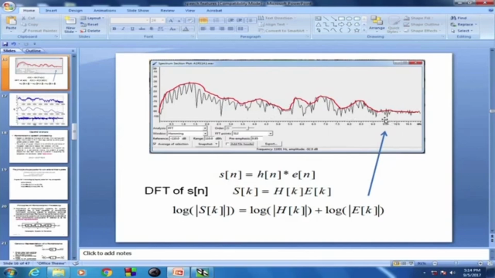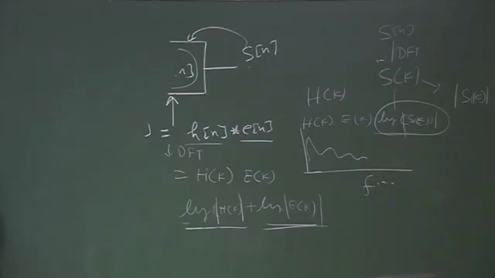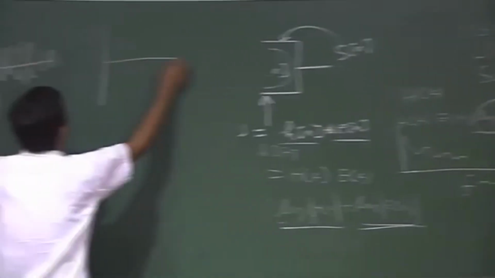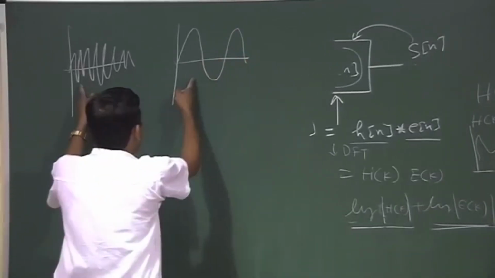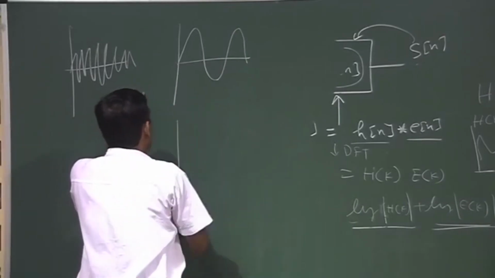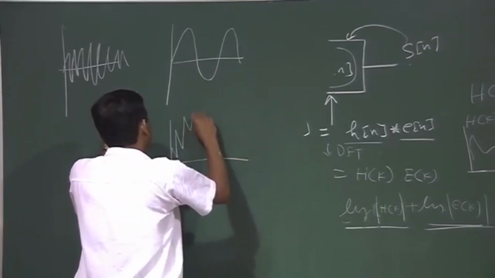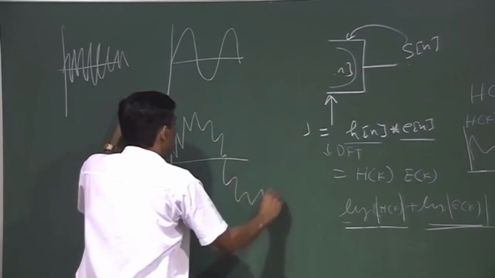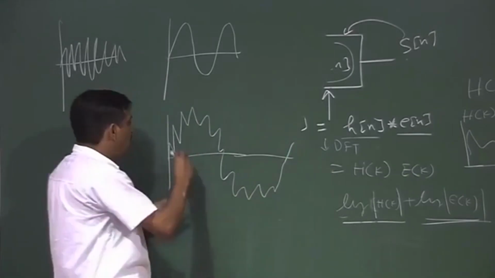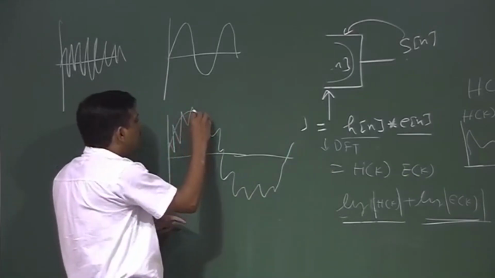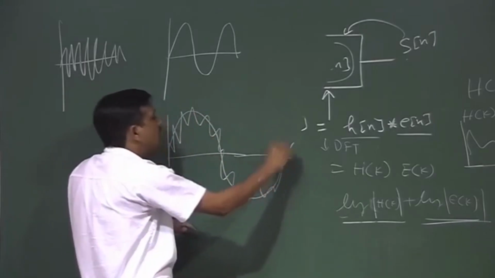Suppose there is a high frequency signal and there is a pure sine wave. If I take the product of them, what will I get? The sine wave will be imposed on the high frequency signal. Now I want to extract the smooth version of the signal, this sine wave.